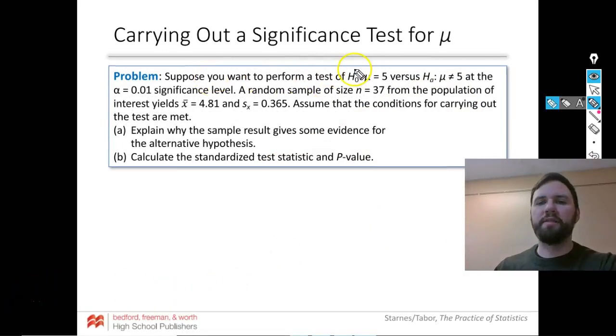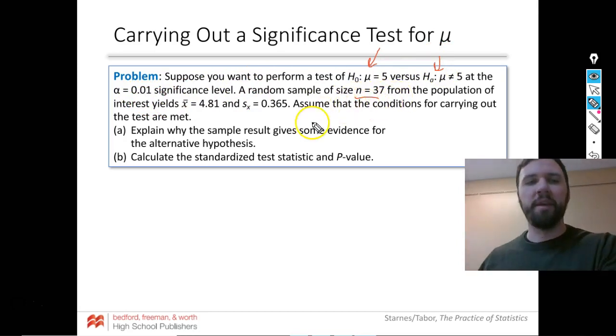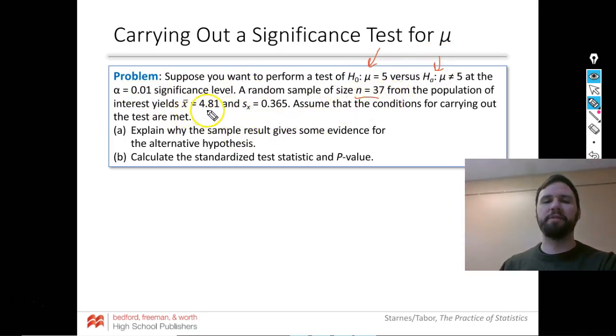Suppose we want to do a test with our null hypothesis, alternative hypothesis, and significance level. We have a sample of 37, and our sample mean is 4.81 and standard deviation is 0.365. The conditions are met. Why do we have some evidence for the alternative?